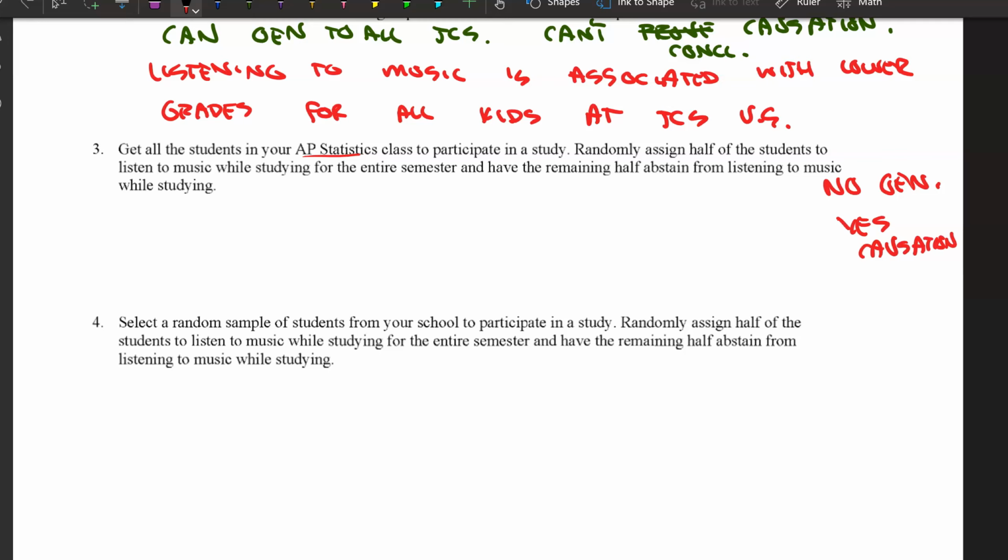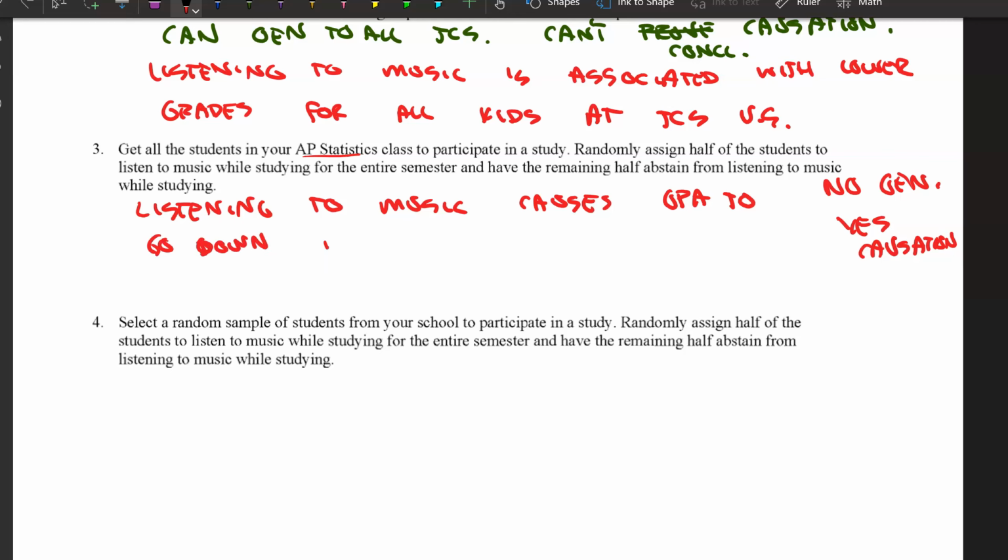So what would I say? Listening to music causes GPA to go down for kids like the kids in this study.